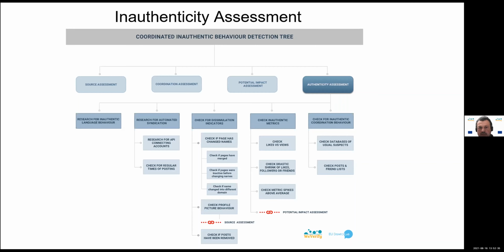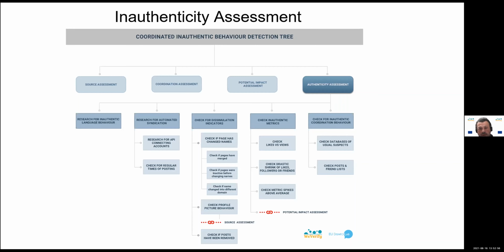So check if the names are changed, if the pictures are changed, if the content is suddenly having nothing to do with the previous content. Inauthentic metrics I told you about in the previous branch.